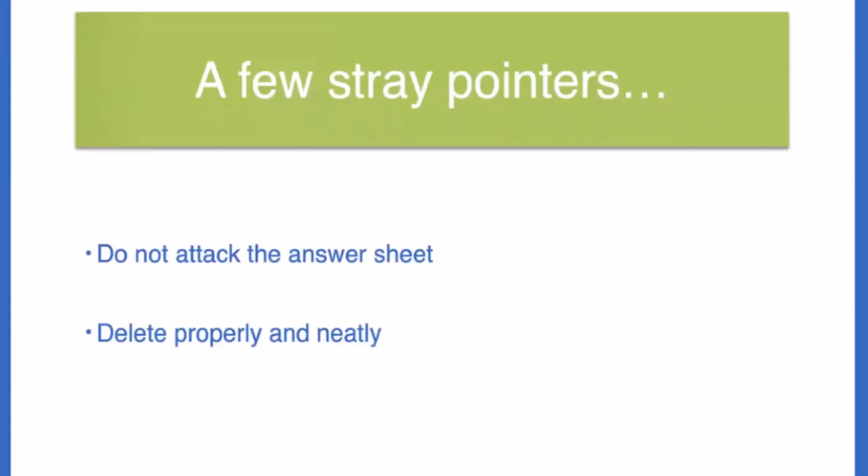Delete properly and neatly. Another abuse of pages that students tend to indulge in is deleting something so thoroughly that it cannot be read at all. Do not write anything that you want the examiner not to read. Fine. So you have to write as per the requirements of the question.